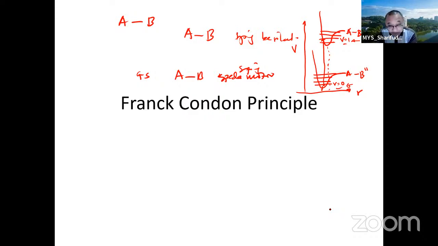That means the spectrum is telling you how unprepared AB prime is when it is excited from AB double prime. So how the spectrum looks will tell you the unpreparedness of the excited state. So of course you can get a lot of information from this. You can get information about the energy levels in the ground or the excited state. So that is what the Frank-Condon principle is all about.